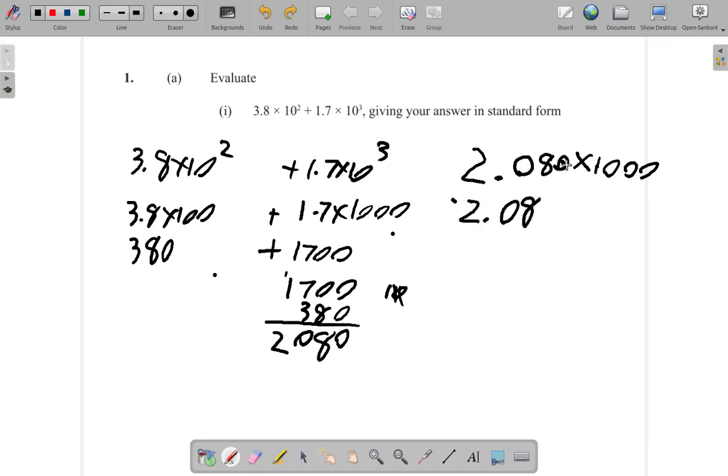You don't really need to have the other digit here, but can put it times 10 to the 3. Alright? So you have 2.08 multiplied by 10 to the power of 3, and that's the answer for this part.